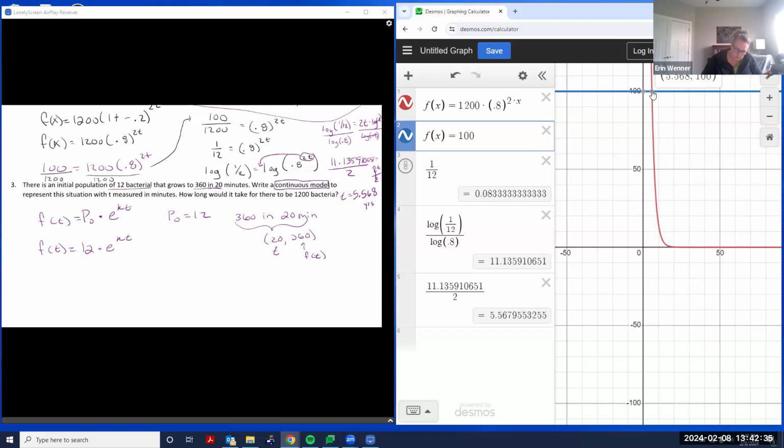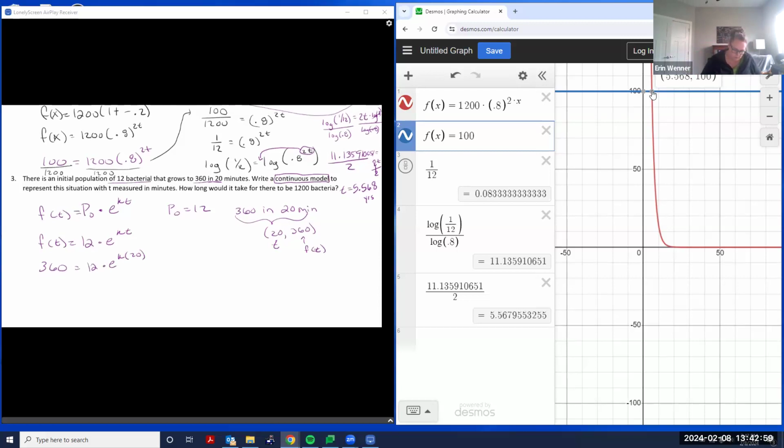So if we plug those in, I've got 360 equals 12 times e to the k times 20. Now we've created a situation where we only have one variable. Yes, I know the letter e is there, but remember e is a number, right? We're not treating it as a variable.